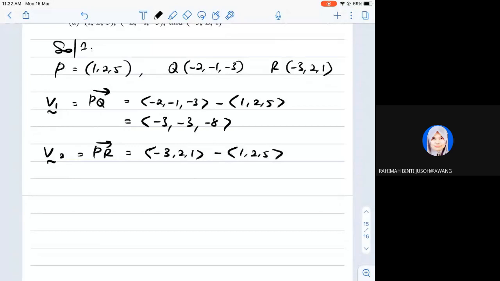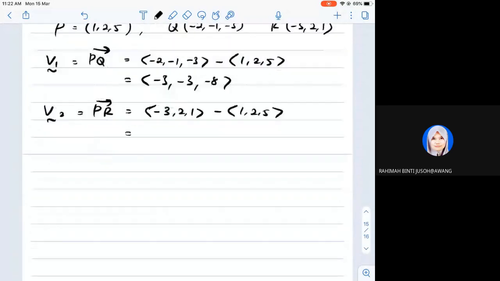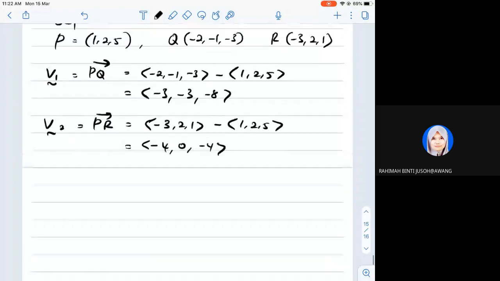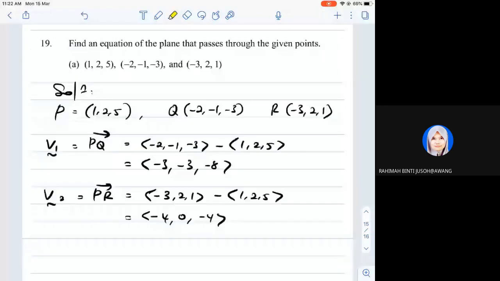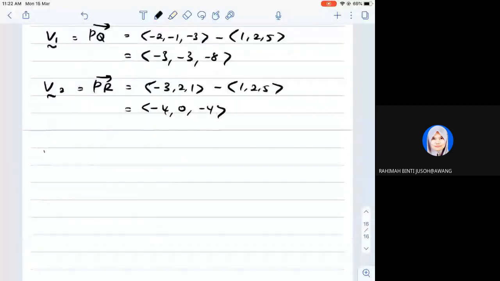So we will have -3 minus 1 is -4, 2 minus 2 is 0, 1 minus 5 should be -4, isn't it? Okay, so now we have V1 and V2. Equation of plane requires the normal vector. So we need to find the normal vector. Normal vector equals V1 cross product V2.